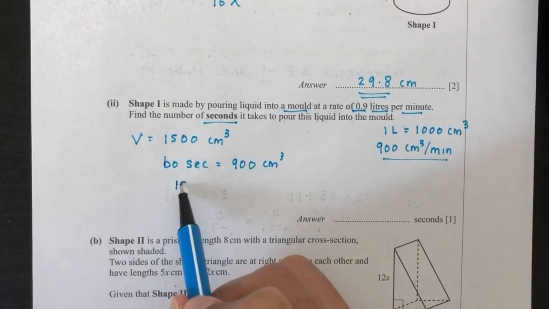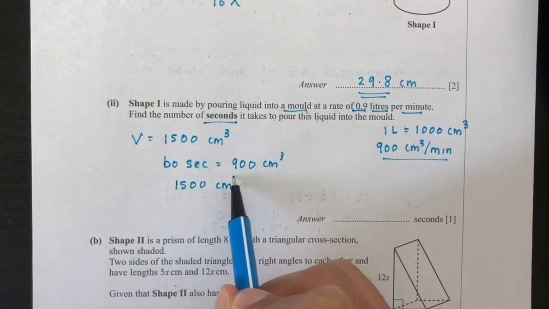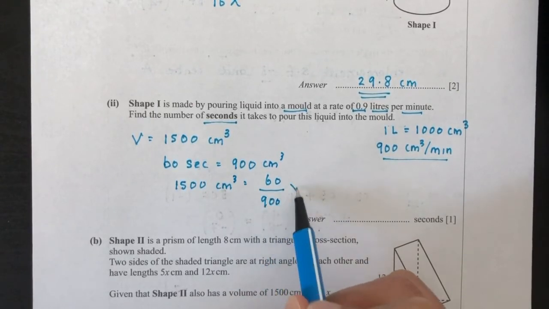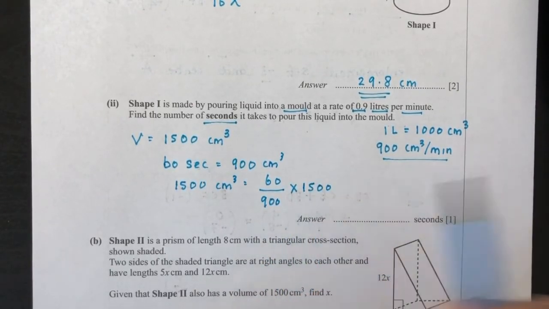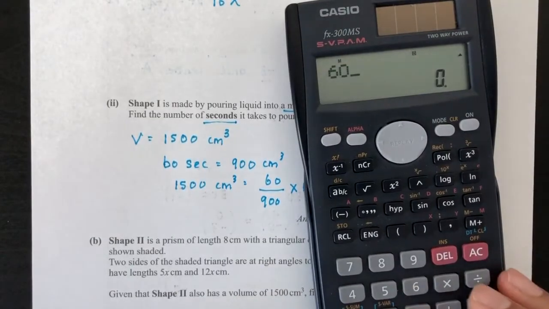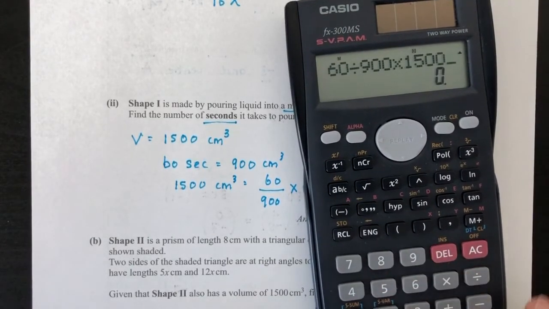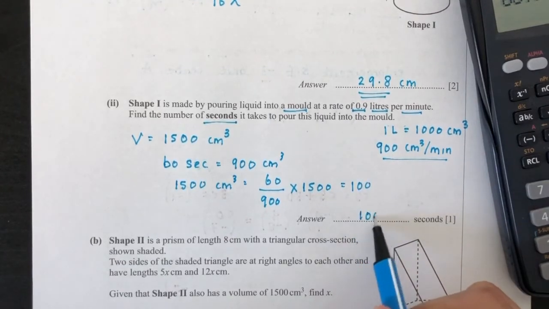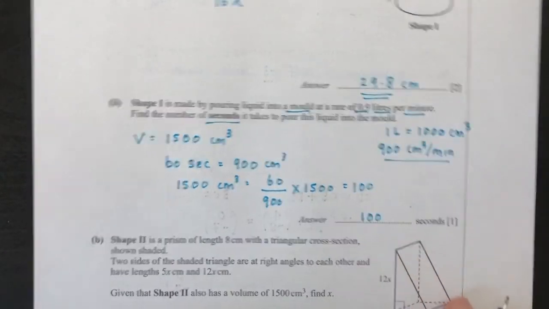Which means 1500 is equal to 60 seconds divided by 900 times 1500. That will be 100 seconds. That will be your answer for part 2.